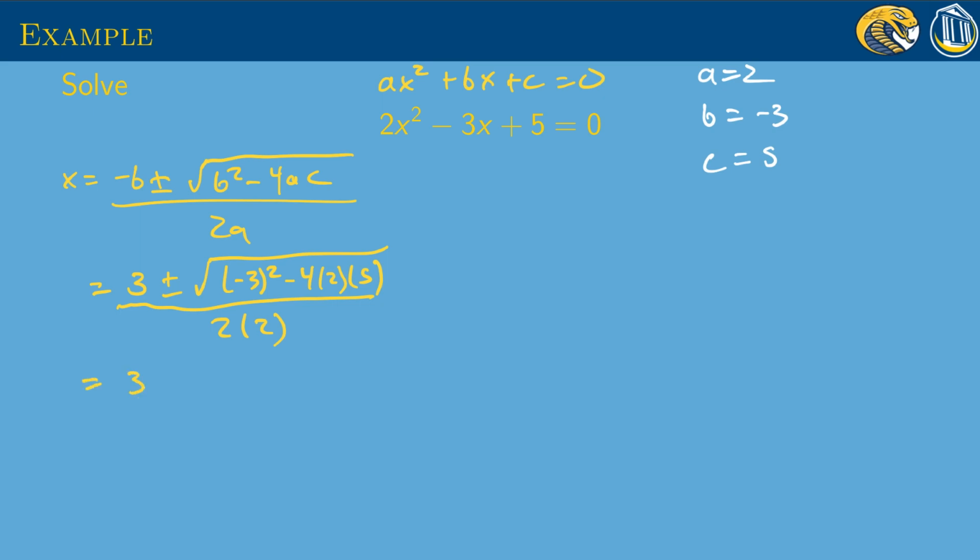Simplifying this, that's 3 plus or minus the square root of 9 minus 40 all over 2 times 2, which is 3 plus or minus the square root of negative 31 over 4. Hold up.